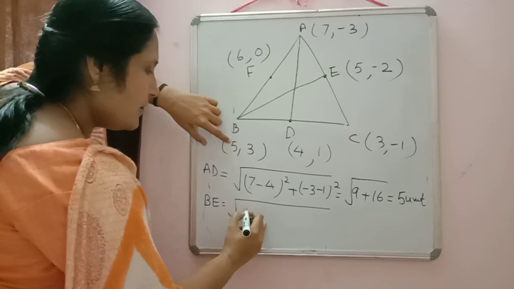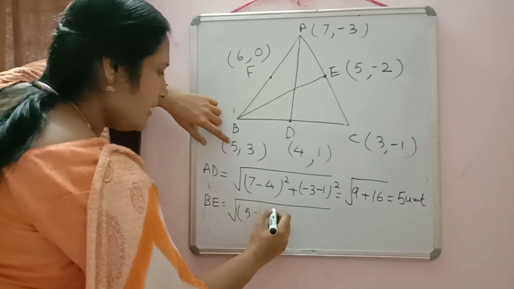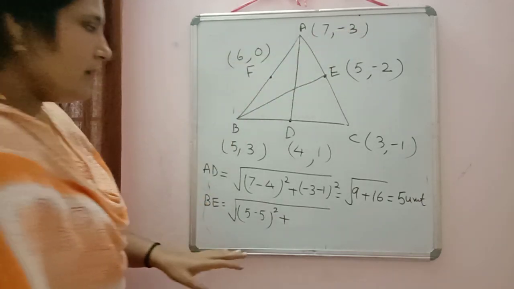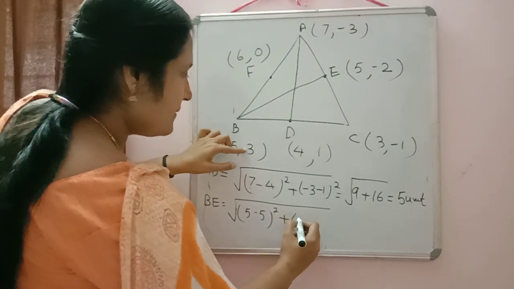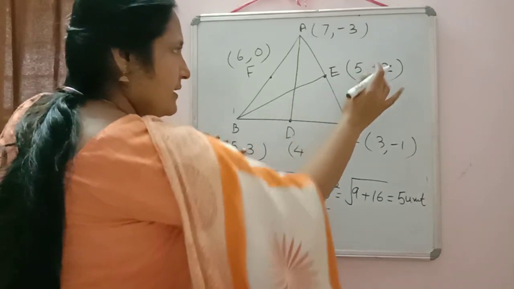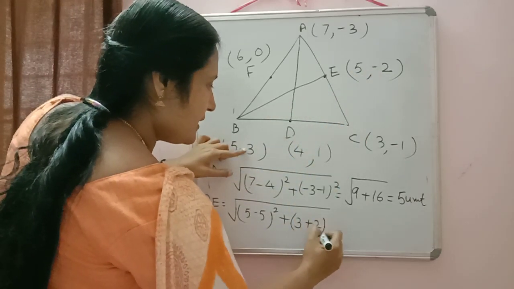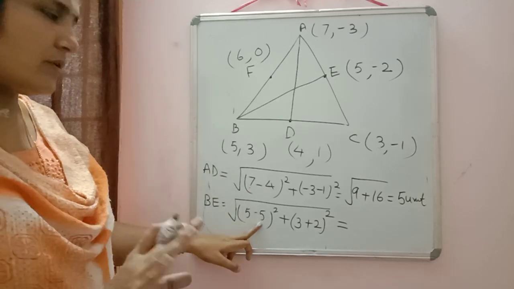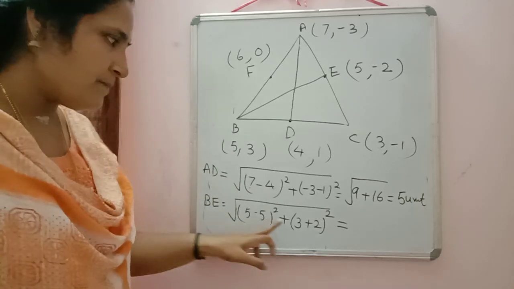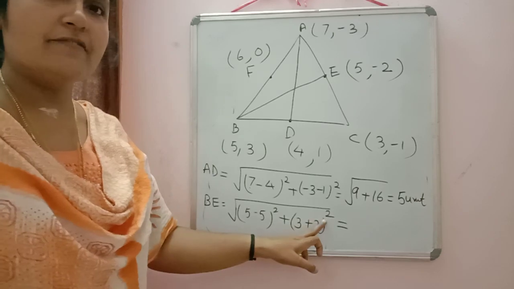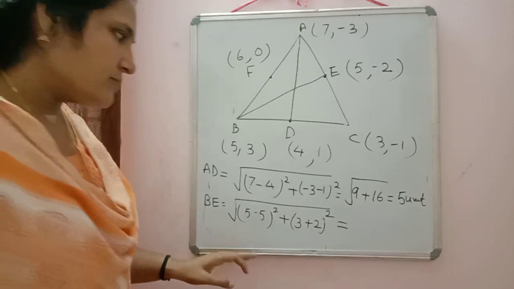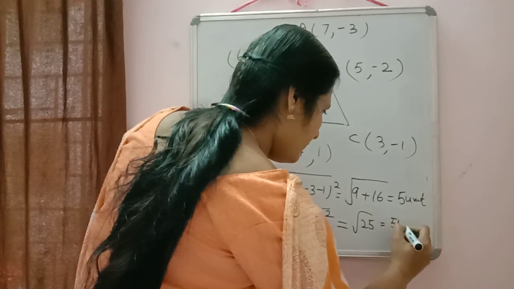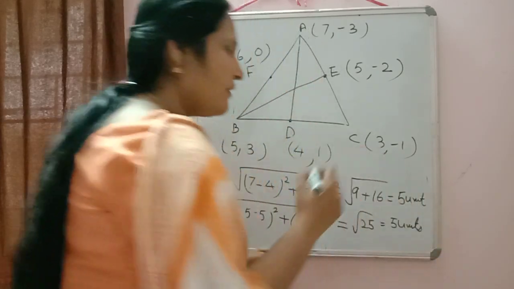So that will be equal to (5 minus 5) the whole square plus (3 minus minus 2), that is (3 plus 2) the whole square. 5 minus 5, 0. 0 square is 0. 3 plus 2, 5 square, 25. So square root of 25, again we are getting 5 units.